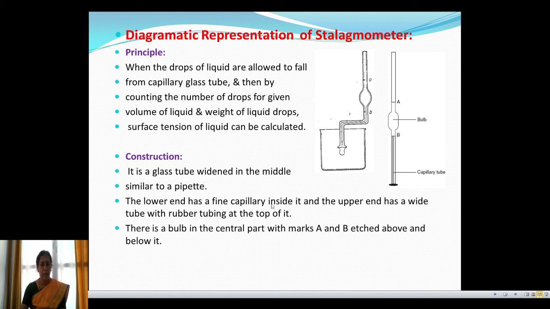The lower end has a fine capillary, and the upper end has a wide tube with rubber tubing at the top. There is a bulb in the central part with marks A and B etched above and below.